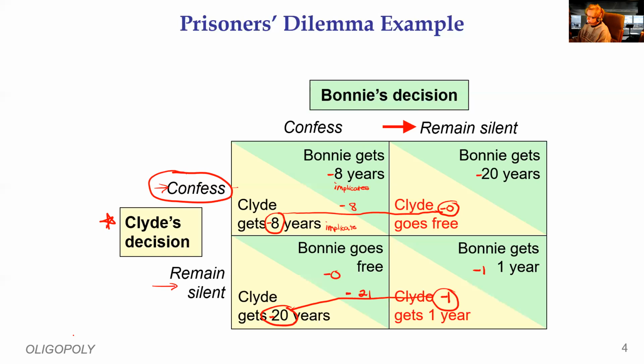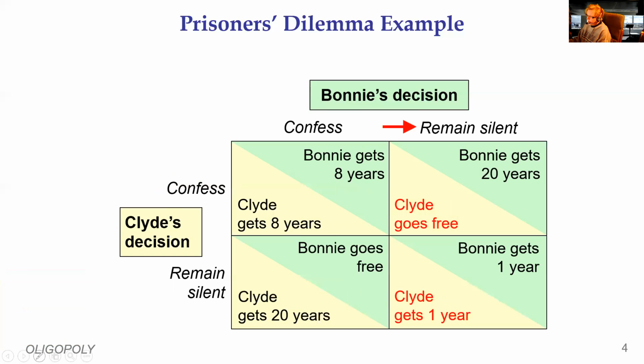Now let's look at Bonnie's. Okay, and again, I'll just circle now that we've done Clyde's. Walk through this one. And again, you can rewind this a couple times if it doesn't make sense to you. So Bonnie's decision, she can either get -8 years or none.